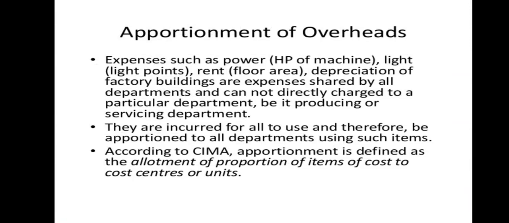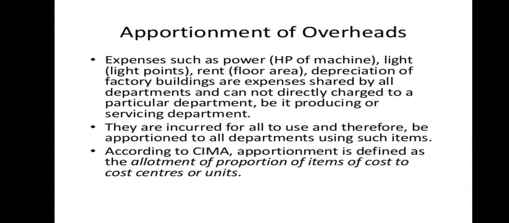Power is based on machine, light is based on light points, rent is based on area of a floor. These are expenses related to the entire unit, so shared by all departments and cannot be directly charged to any particular department.